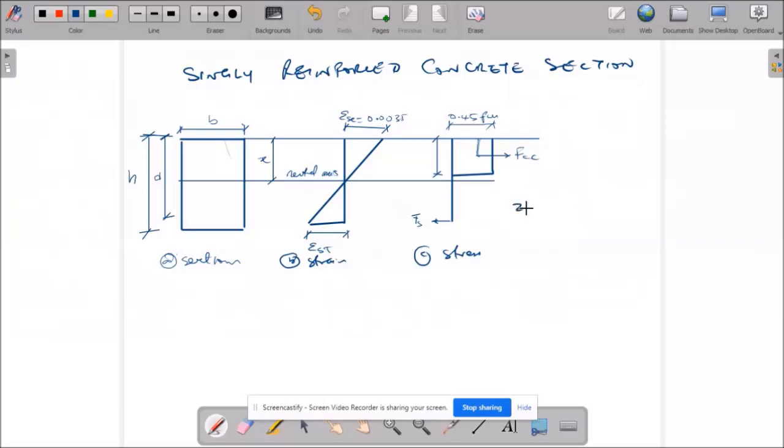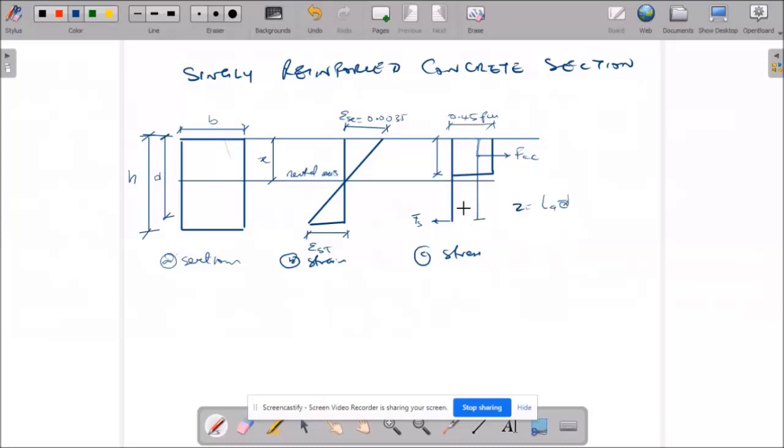So here we have Z. Consider the depth from this point to this point, as our Z, where Z is equal to the lever arm factor multiplied by the effective depth, LAD.